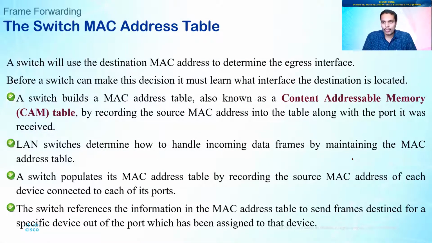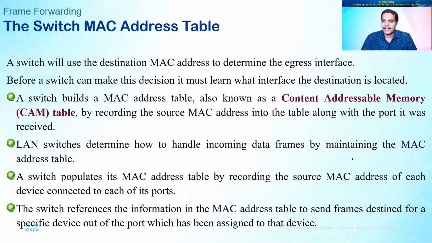Now, in order to build this table, a switch uses the destination MAC address to determine the egress interface. In order for the switch to make this decision, it should first know on what interface the destination is located. That means through which port it should forward this frame. A switch builds a MAC address table, also known as the content addressable memory, or CAM table, because it's a kind of memory which is used for high-speed search operations.